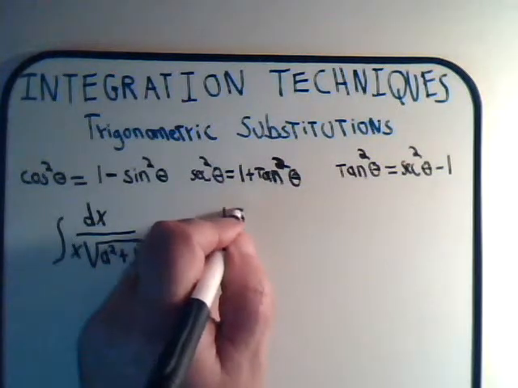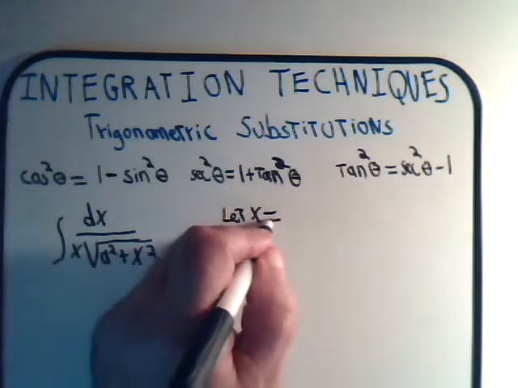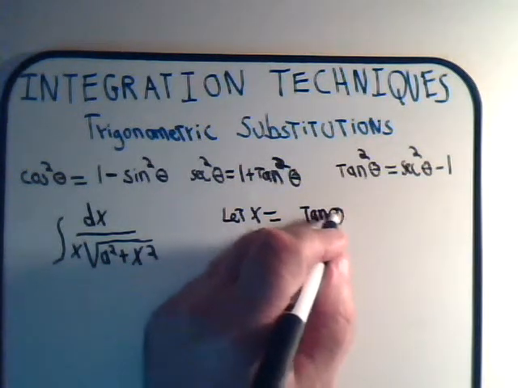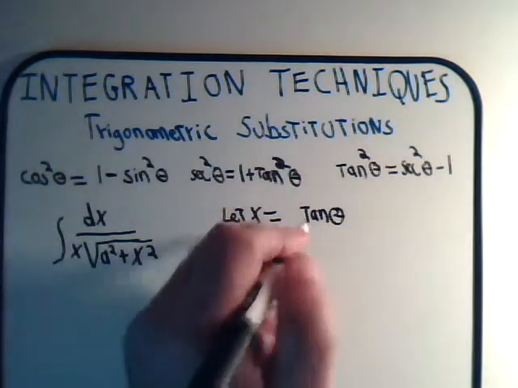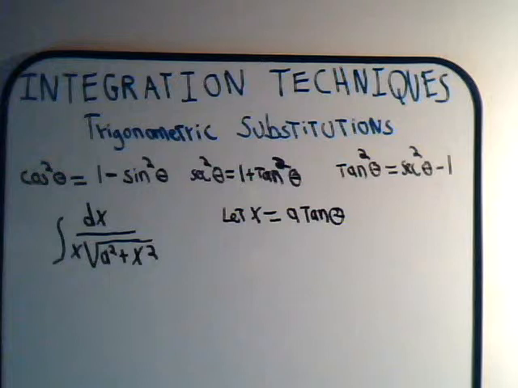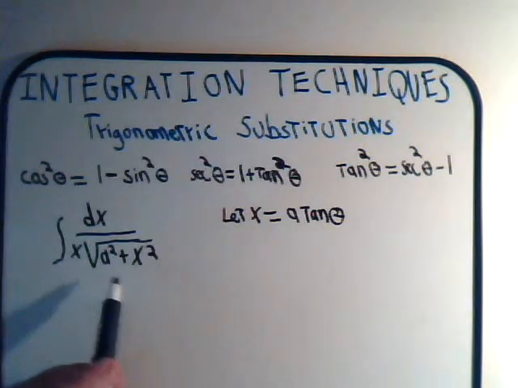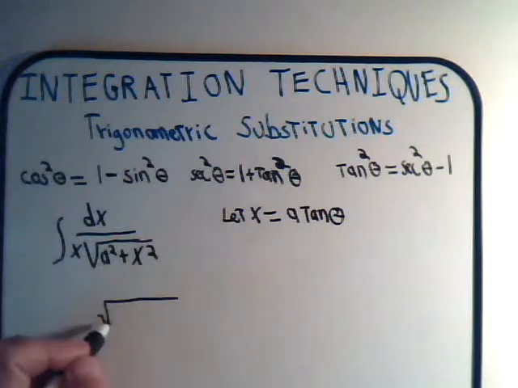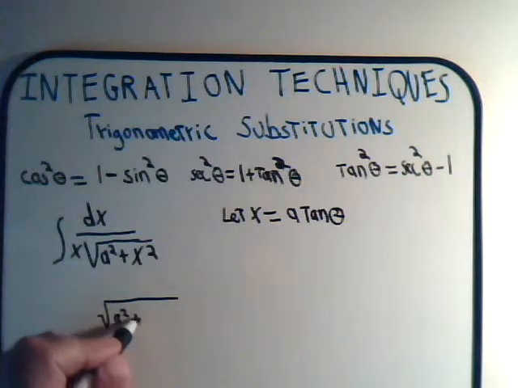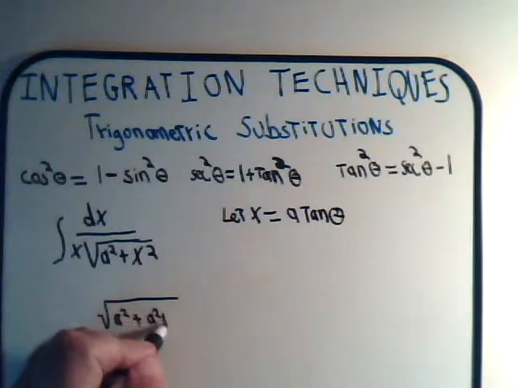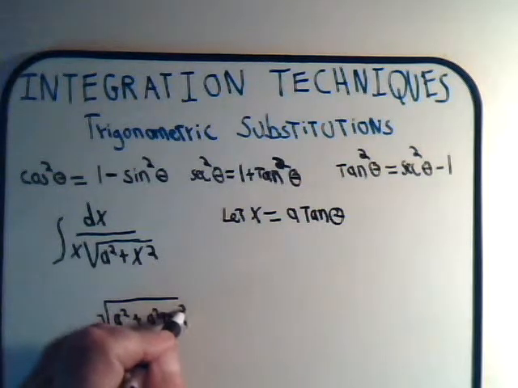let x be equal to not just the tangent of theta, but because we have this a squared here, we would say a times the tangent of theta. So when you substitute that in this integral sign, we're going to have a squared plus x squared, which is now this, a squared tangent squared theta.